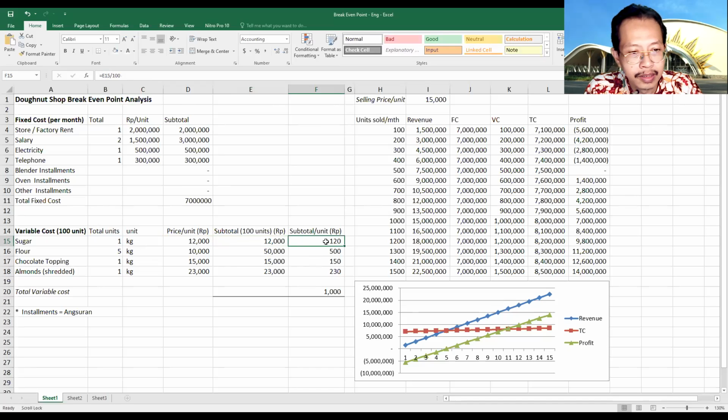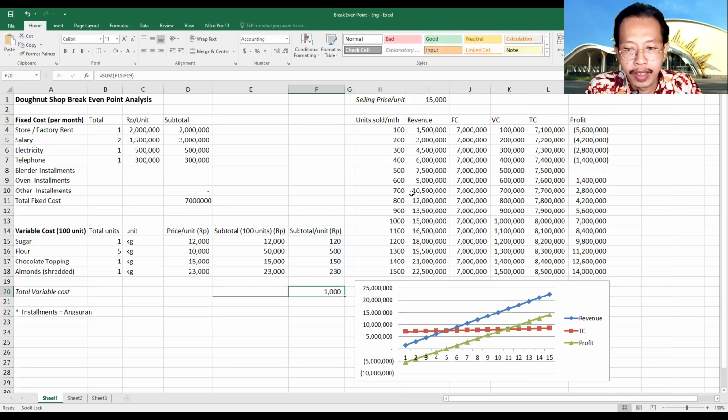And then this, from E15 divided by 100 per unit, right? It's 120 and so on. And then the total variable cost would be a sum of all this, the sum between F15 and F19.